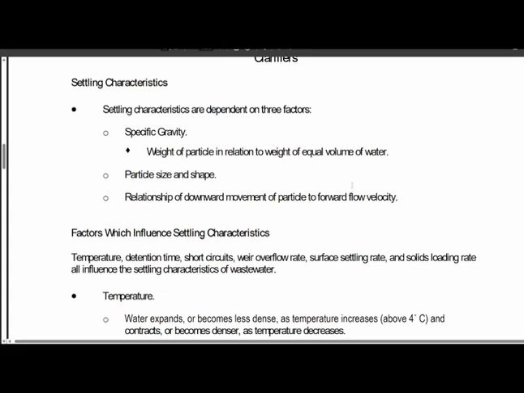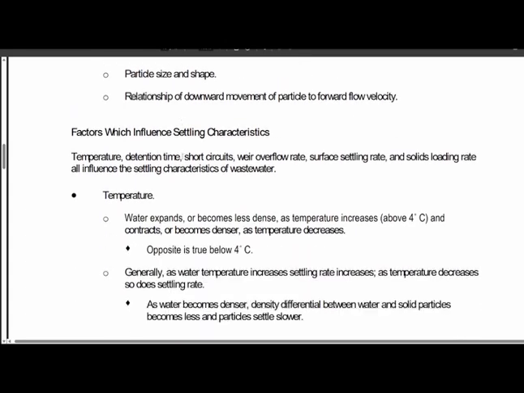Like I said, it's the stuff that sinks down. Which factors will influence settling characteristics? Temperature, detention time, short circuits, weir overflow rate, surface settling rate, and solids loading rate all influence the settling characteristics of wastewater.